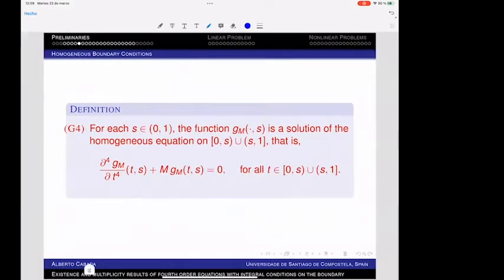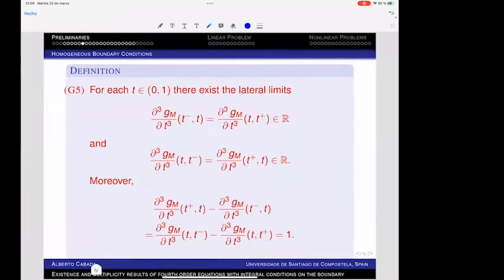And remember that we may characterize it because when we fix s and consider it as a function of t, it satisfies the homogeneous equation for t different from s, right? The second condition is what happens on the diagonal. We have that there is no continuity on the diagonal.